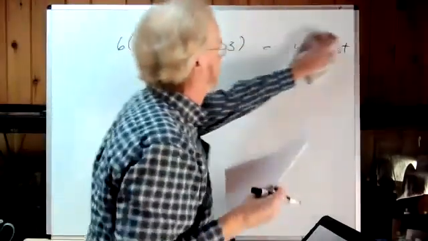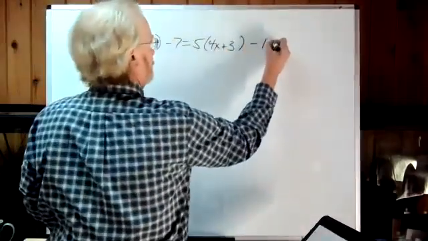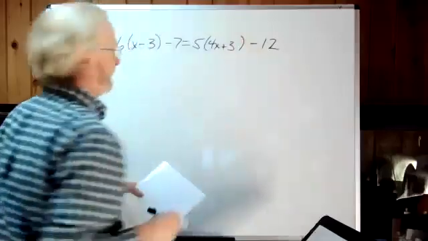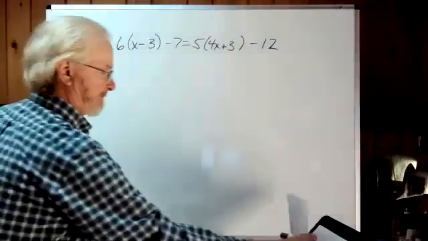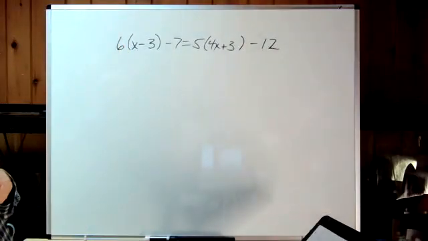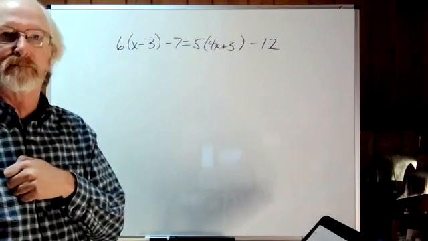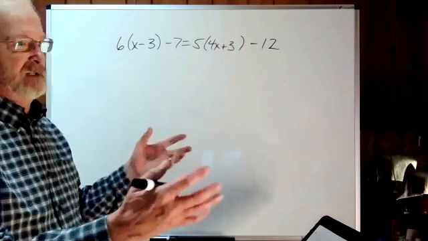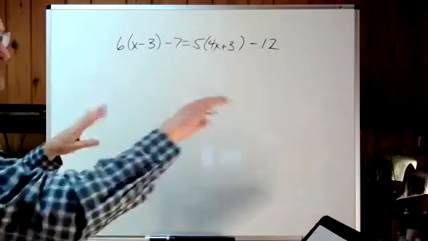Get rid of this, okay? All right, it's got all that stuff on both sides. All right. So I have to distribute and combine like terms on both sides. And that means I'm probably going to have to move some x's around and some constants around to separate them.